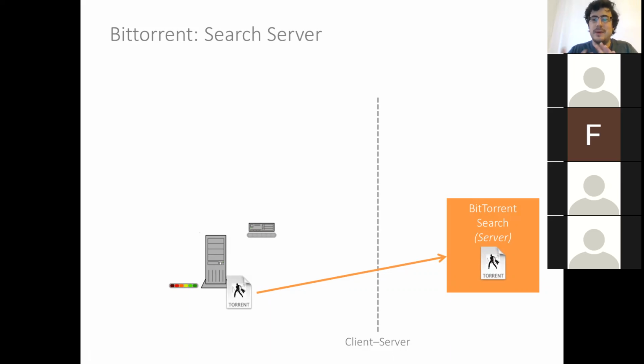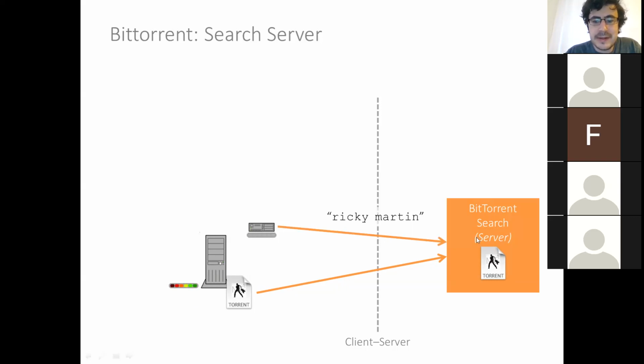What are the file names? What would the directory look like? And what are the file sizes and so forth. So this is just a metadata file called the torrent file that describes some information about the data. It does not contain the album itself or any music. It's a very small description of what the peer wants to share.